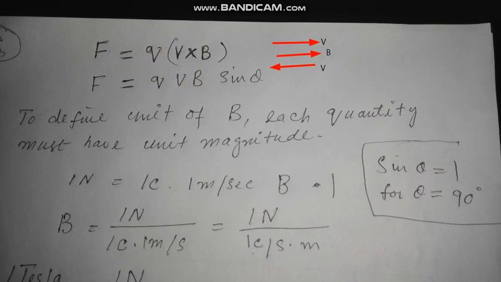But in case this velocity vector is perpendicular to B, like this, this is the direction of B and this is the direction of v.